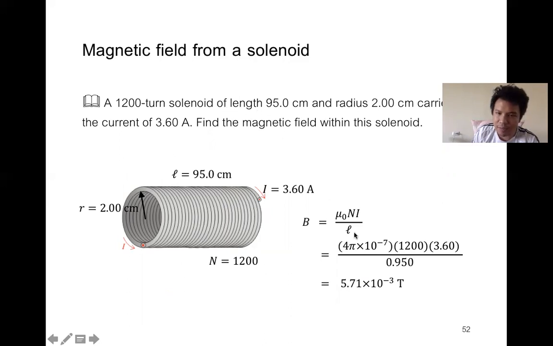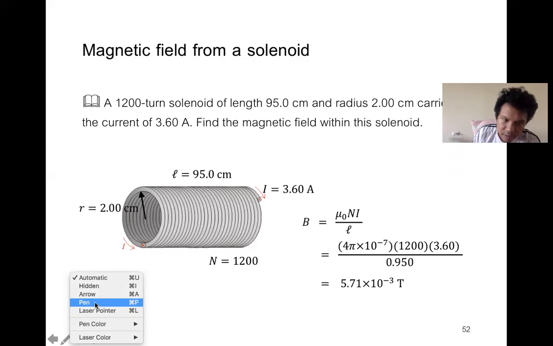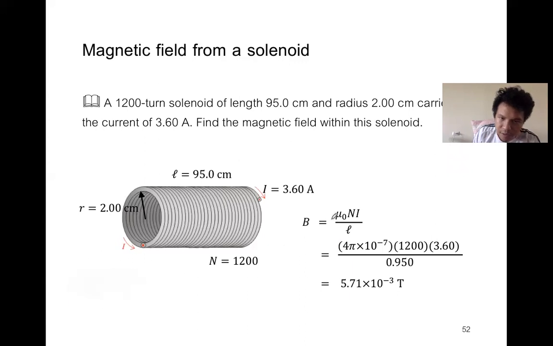So L equals 0.95 meter, and then we substitute everything. We substitute I of 3.6 ampere, N of 1,200 turns, and then we use the constant mu 0 as 4 pi times 10 to the minus 7. The constant mu 0 is the permeability.